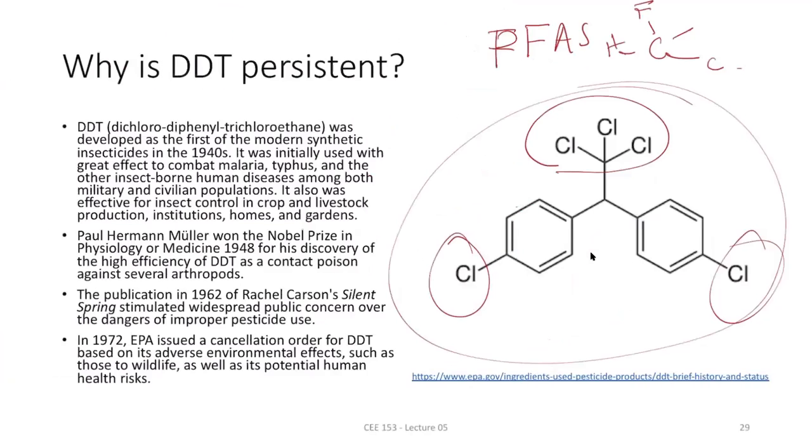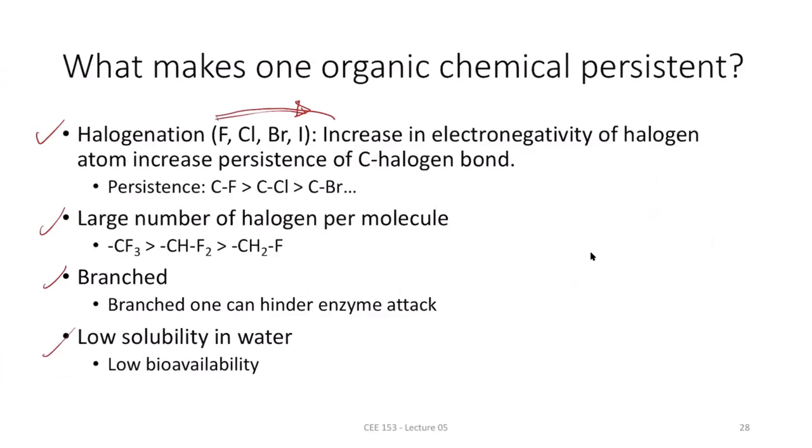But if you see what this slide means, it says if you have lots of hydrogen, so hydrocarbons, that's all carbon and hydrogen, those are easy to degrade. But when you replace hydrogen with another halogen, let's say chlorine, that makes the bond much stronger, very difficult to degrade.